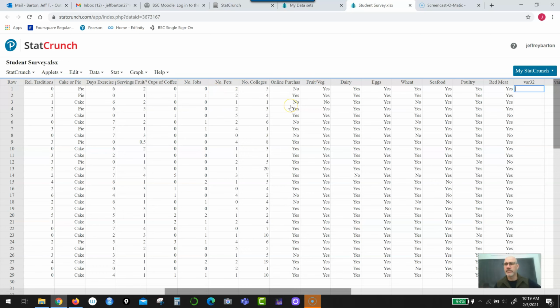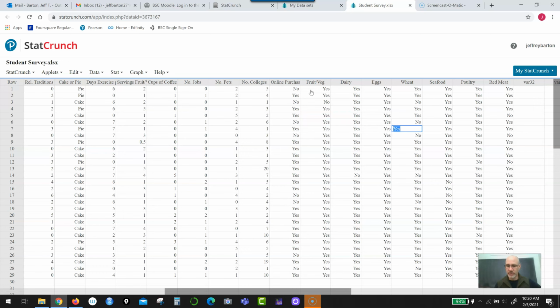I couldn't get it to load the data set correctly. And so what I did was I split that question up into lots of yes or no questions, so that we have a column that represents do you eat fruits and vegetables, and every student got recorded with a yes or a no depending on how they answered the diet question.